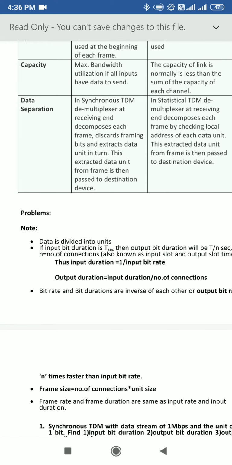And in data separation, the demultiplexer is responsible for reassembling the data, discarding the synchronization bits and extracting the data unit in synchronous TDM. In statistical TDM, the receiver will decompose each frame by checking their addresses. Hence the data unit is extracted.